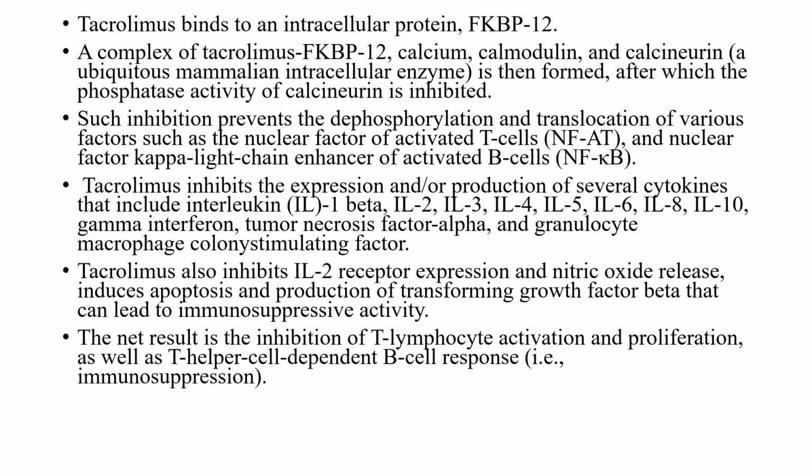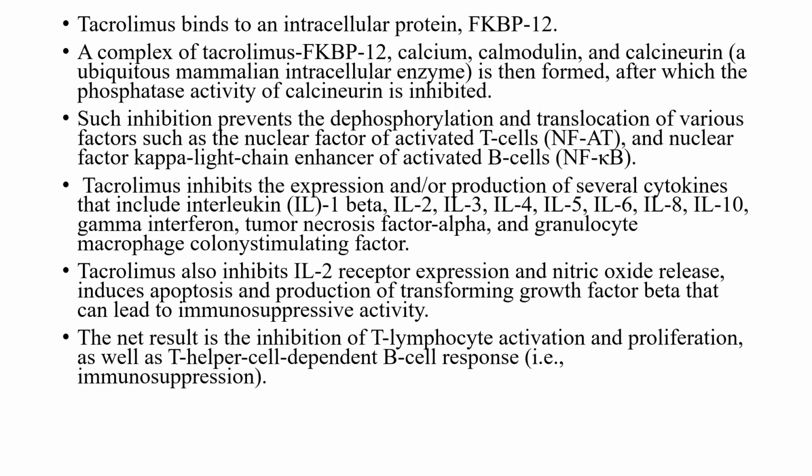So what is the mechanism of action? It basically binds to an intracellular protein, FKBP12. Along with the FKBP12-tacrolimus complex, calcium, calmodulin and calcineurin bind, and this complex inhibits the phosphatase activity of calcineurin. So there are activation factors of B cells and T cells, nuclear factor of activated T cells and nuclear factor kappa light chain enhancer of activated B cells.